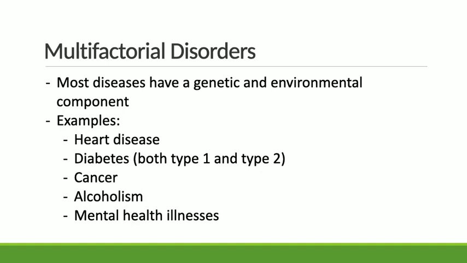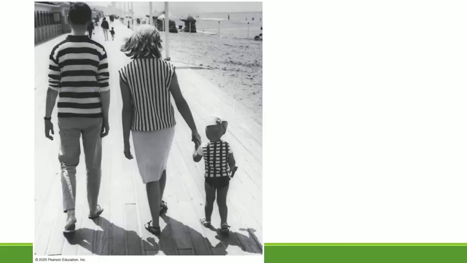So only if you have that full cocktail of just a specific combination of all those genes and there is something happening to your body, something environmental, are you likely then to have type 1 diabetes. It's extremely complicated to study multifactorial disorders, and the research is ongoing for all of these listed and many more.